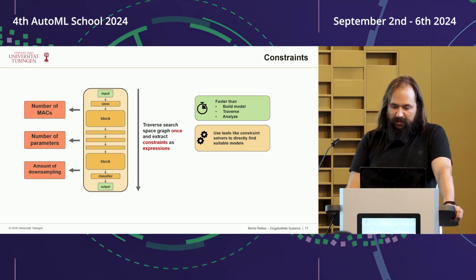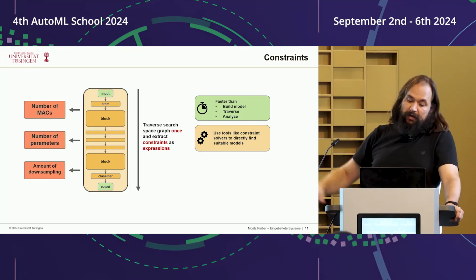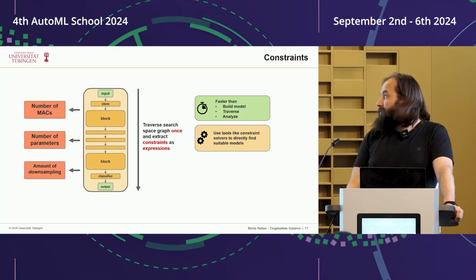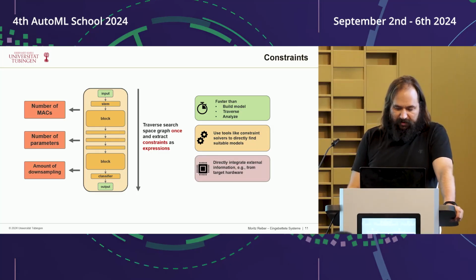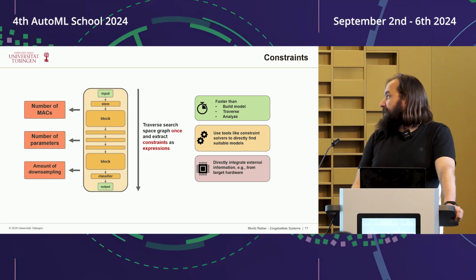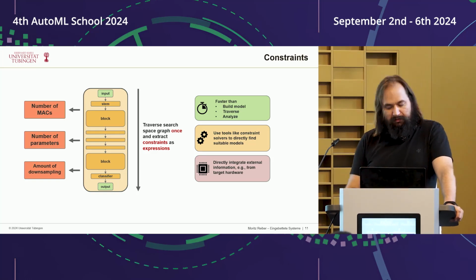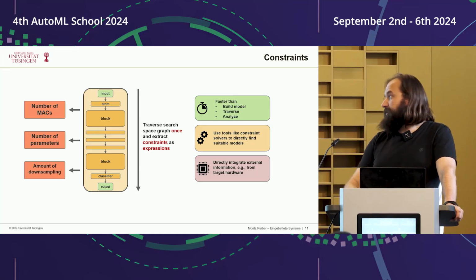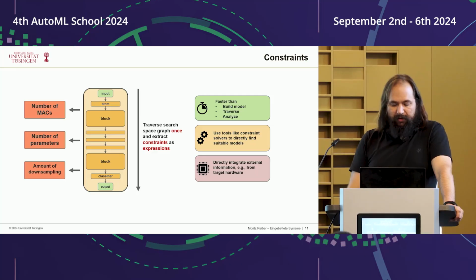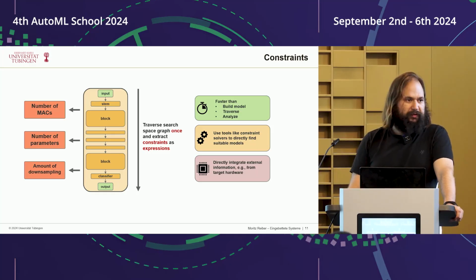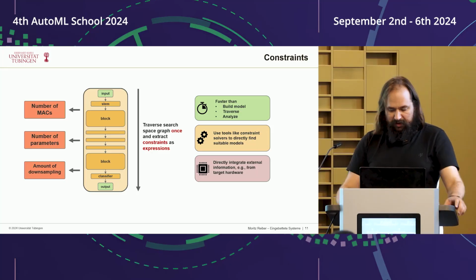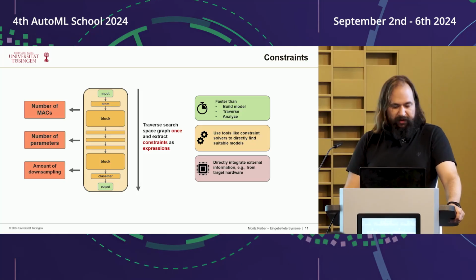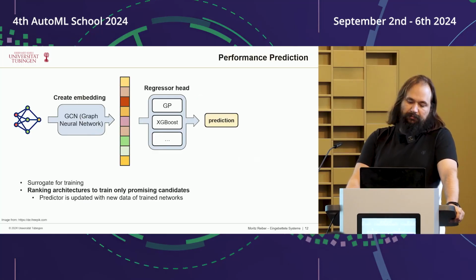And we can use tools like constraint solvers to directly find suitable models for a target architecture. We can also directly integrate external information, for example from a target hardware description. So we can put in hardware constraints like my target hardware only supports convolutions up to a particular size, or convolutions always need to be of quadratic filter size.